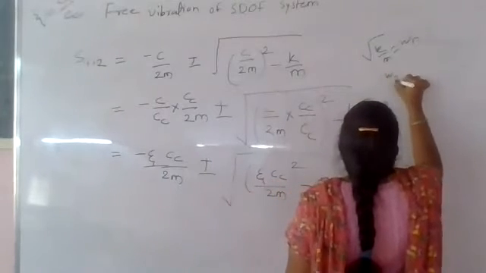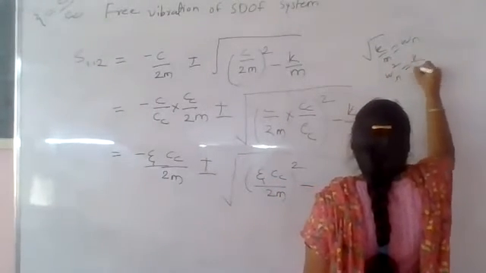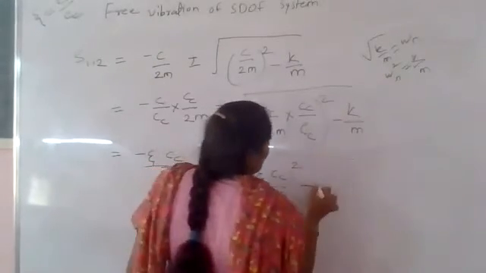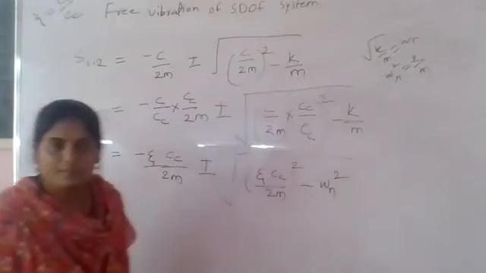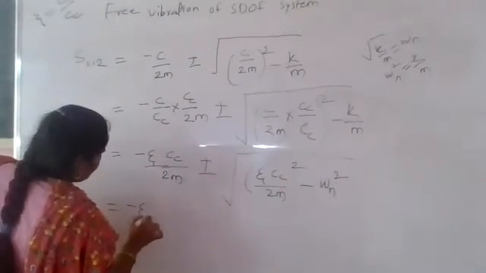Squaring both sides, omega n square is equal to K by M. So put this value here: K by M becomes omega n square. Based on this, go to the next step.